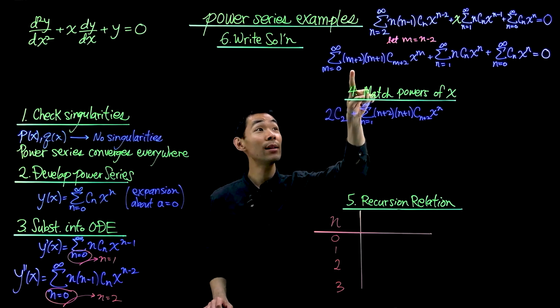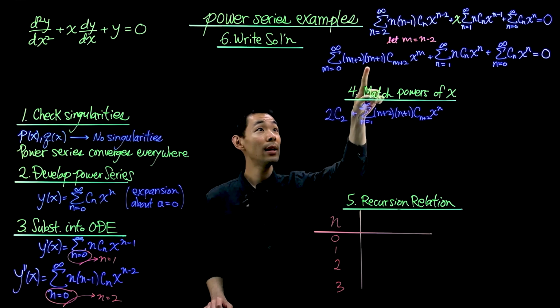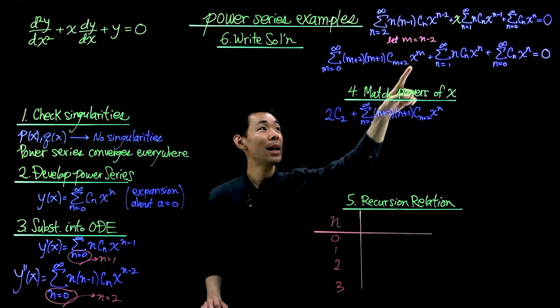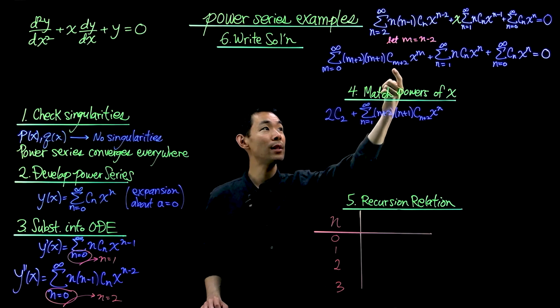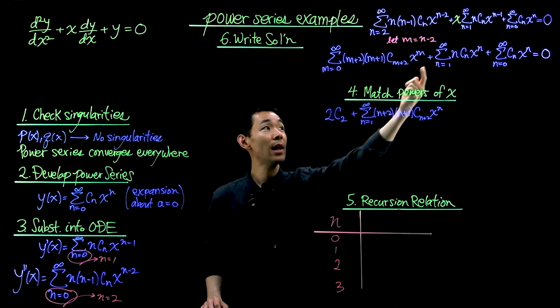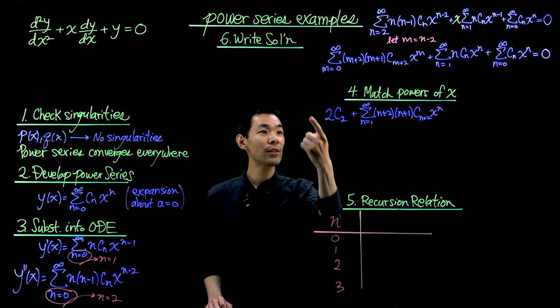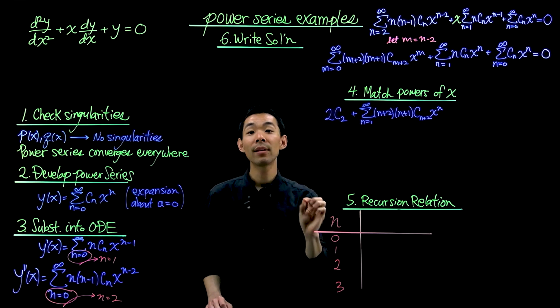So if n is equal to 0, I have n plus 2, 0 plus 2, so I have a factor of 2 outside. This one just becomes 1, so 2 times 1 is just 2. And I have a c sub 2 because 0 plus 2 is 2. And this last term, x to the 0, is just 1. Therefore, this term right here corresponds to the lower bound at n equal to 0.